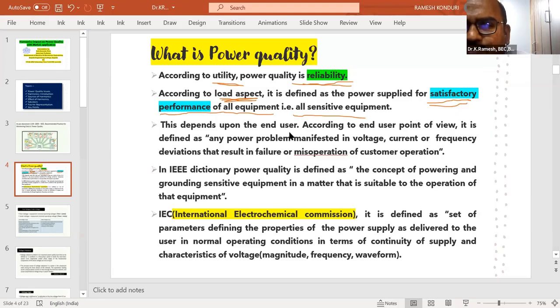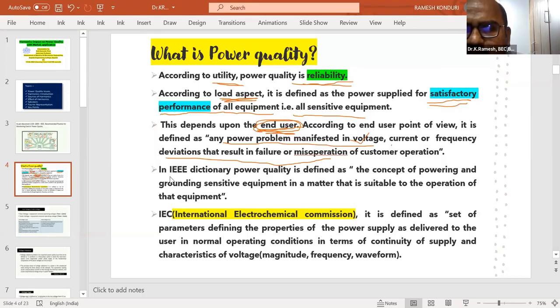If we take up the consumer point of view, it is defined as any power problem manifested in voltage, current or frequency deviations that result in failure or misoperation of the customer operation.